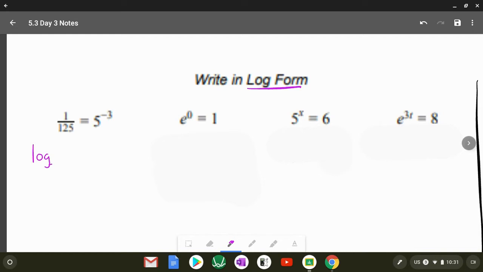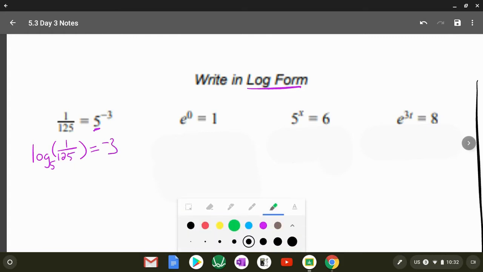Remember, the base of the log has to match the base of the exponent, so log base 5. Make sure you write it small. Do not write it big. It's not the same size as the letters of the log, because we have to have the inside of the log here. The base of the log matches the base of the exponent. Log base 5 of 1 over 125 equals that exponent, -3.